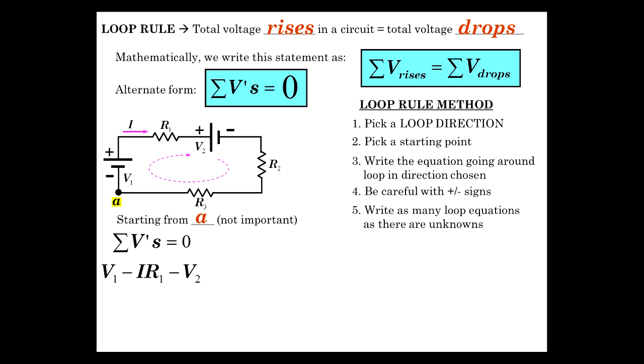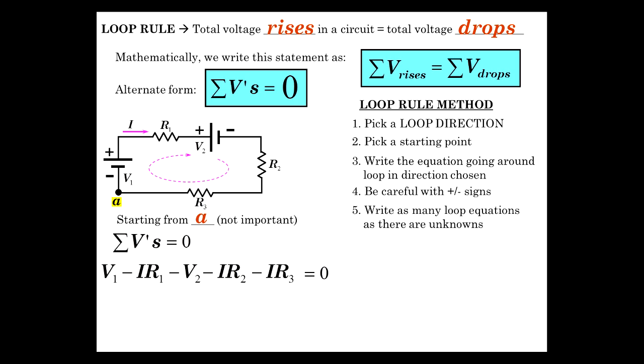So R2, drop or rise? That's right, it's a drop. So minus IR2, likewise minus IR3. And we've just navigated around back to point A. So all these things together add up to, here's the answer, 0.